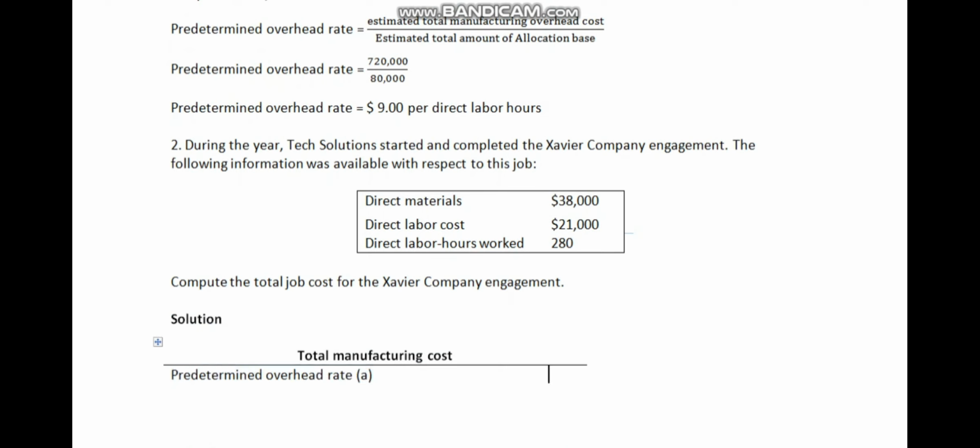Firstly, predetermined overhead rate, that is $9. We have calculated this. Direct labor hours worked. Now these are the actual hours worked, that is 290 hours. We multiply these two, we get our manufacturing overhead applied.